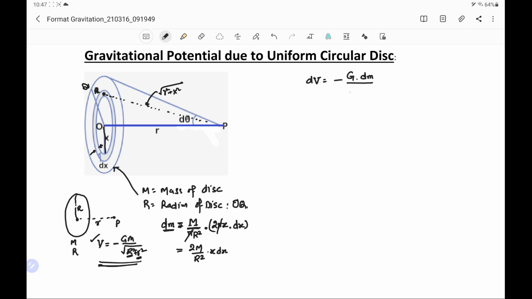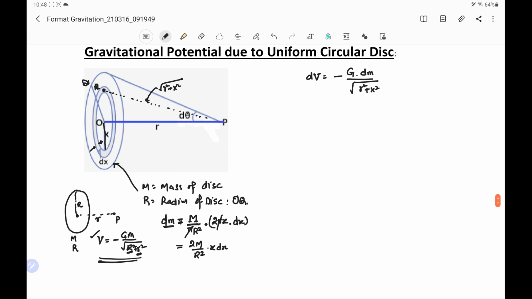Therefore, we will write here root r square plus x square. So this is the elementary potential due to the elementary ring, which has the radius x, width dx, and is concentric with the disk.